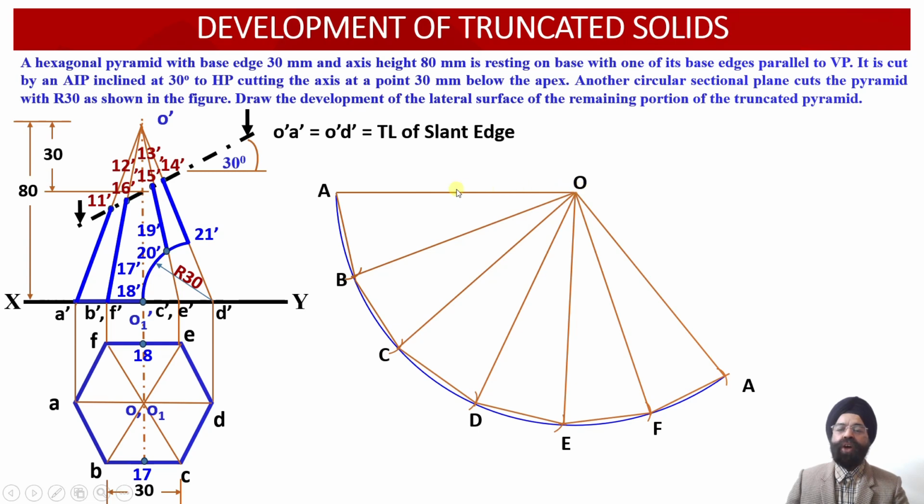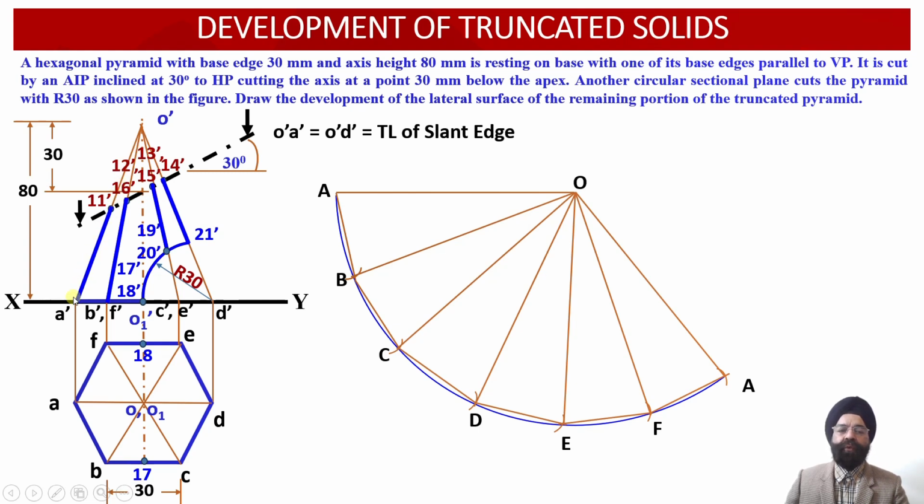The true lengths of these points of intersection from the point O onto the respective slant edges we need to plot now. We can observe one thing over here. There are 2 points, 11 dash and 14 dash, which happen to lie on the true length of the slant generators.